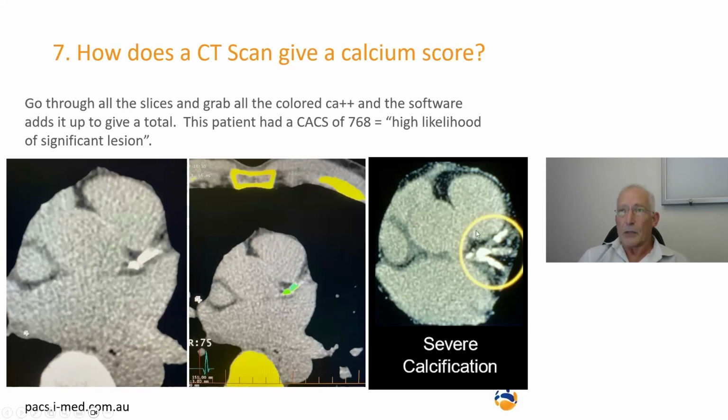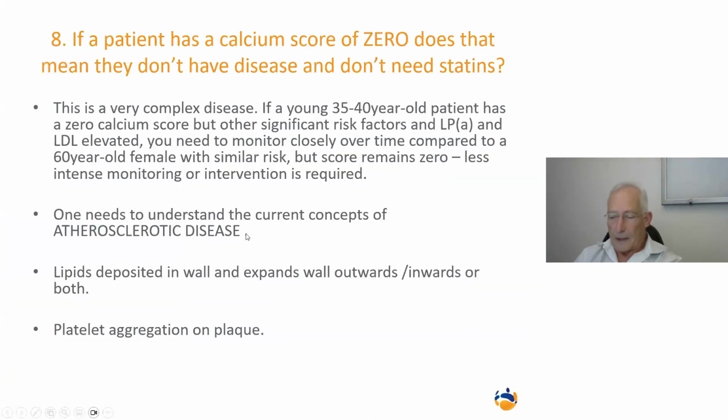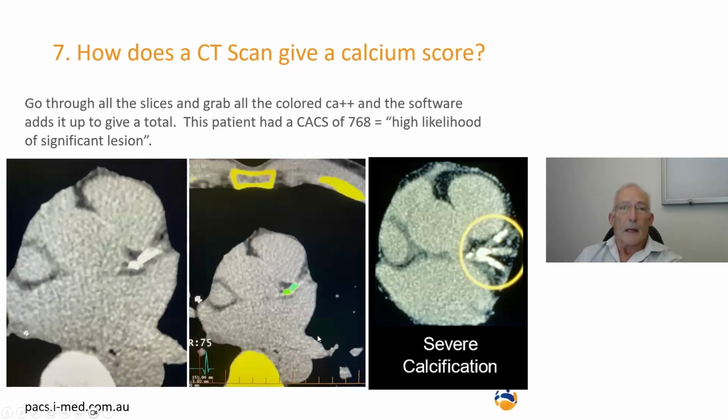The tech then puts a ring around it and adds it in and puts it into either the LAD or the circumflex or the left main, and he gets a listing eventually. Now in this case, you could have put it under LAD, left main or circumflex. It doesn't really matter. The detail's not important. What really matters is what the score is, and the score in this patient was very high. It was 768. There it is there.